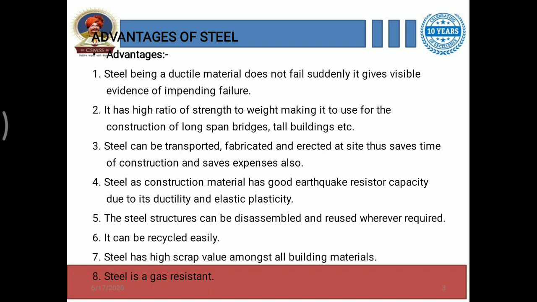It has a high ratio of strength to weight, making it suitable for the construction of long span bridges and tall buildings, as I have already mentioned. Especially steel has a high strength to weight ratio. That means for a small cross sectional area, steel can resist lots of weight.